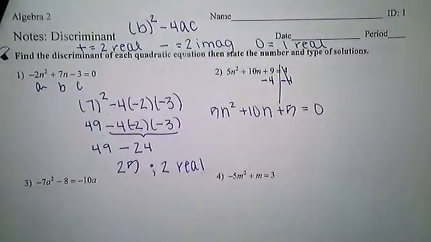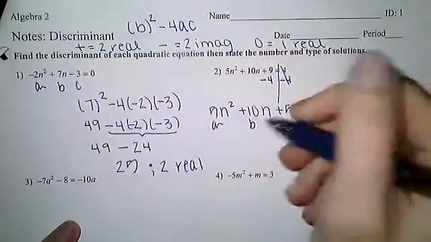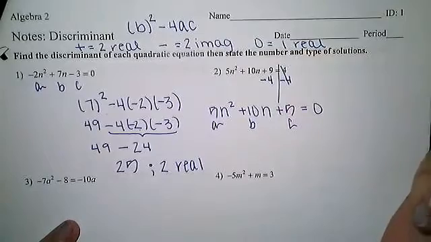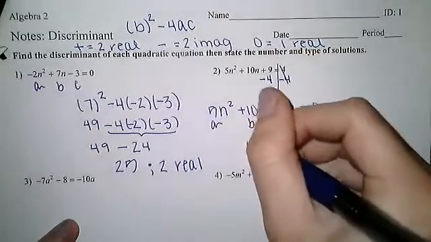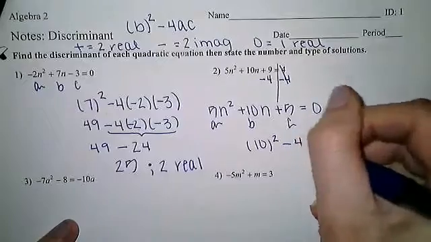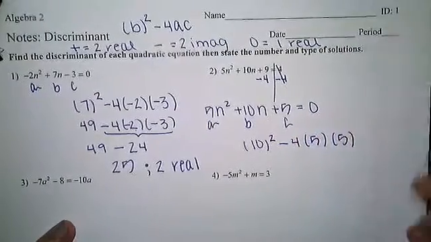So we can plug into our discriminant formula up here. We have our a with our squared term, our b with just our variable, and our c is the constant. So we simply plug in our b squared in parentheses, minus 4 times 5 times 5.